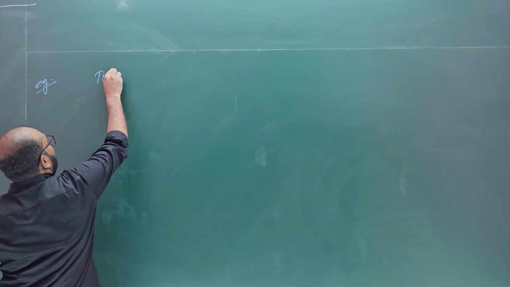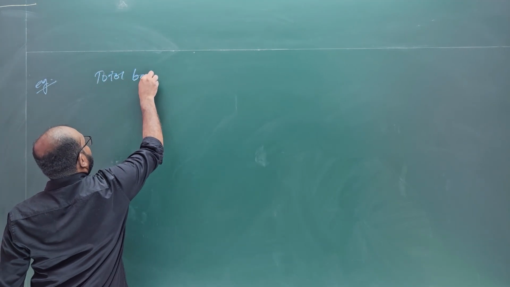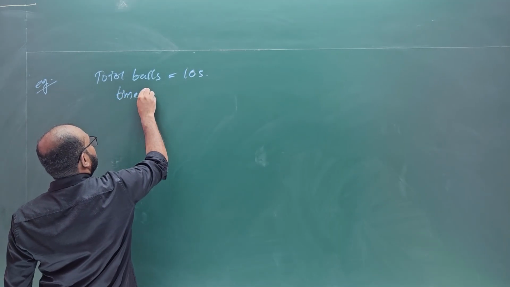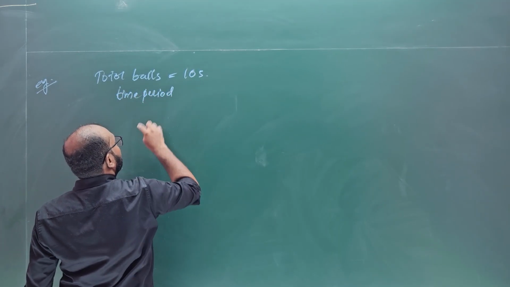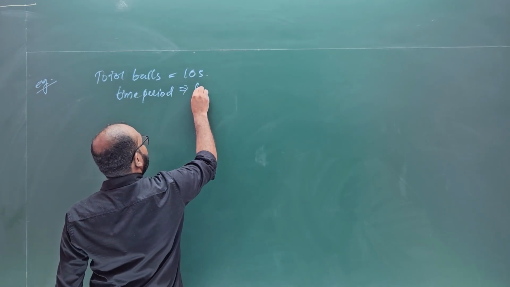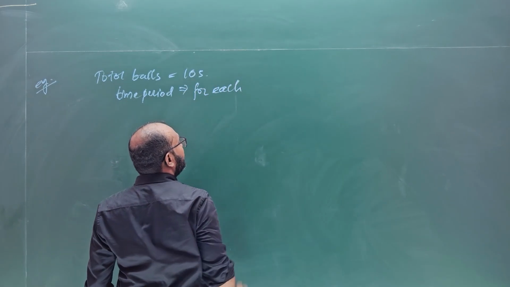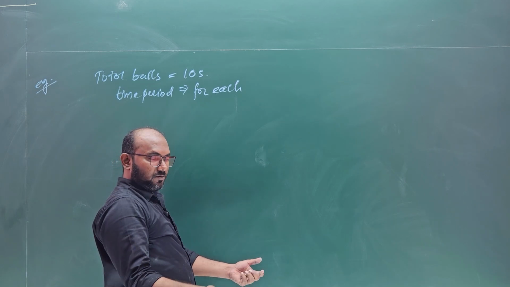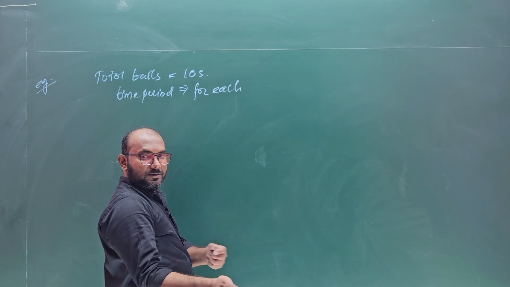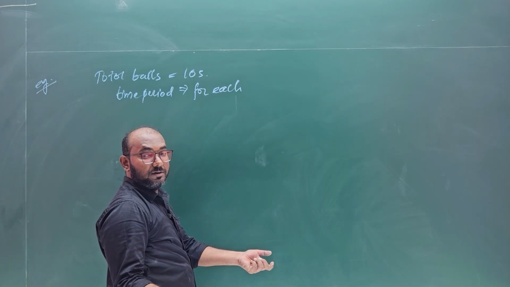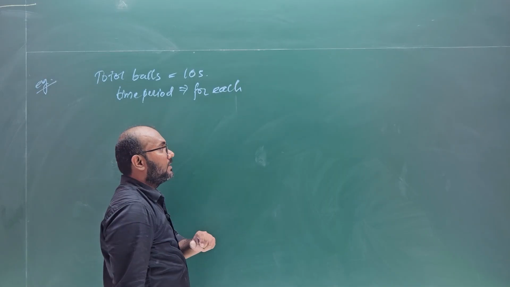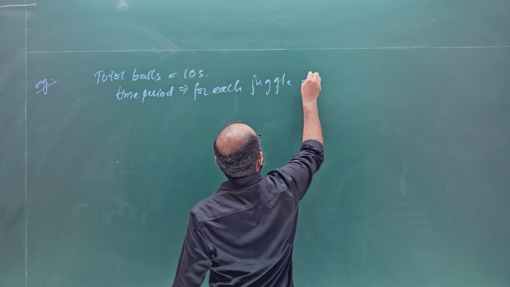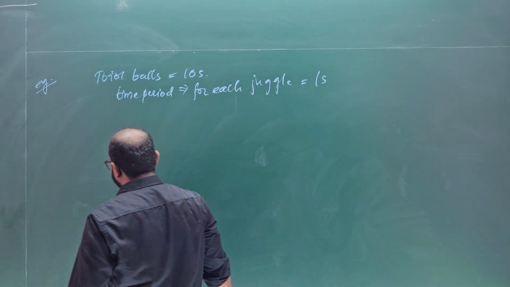Consider total balls are 10, time period for each ball. To juggle, we will use the word juggle. Juggle means throwing from the left hand to the right hand or the right hand to the left hand. For juggle, let it be given as 1 second.